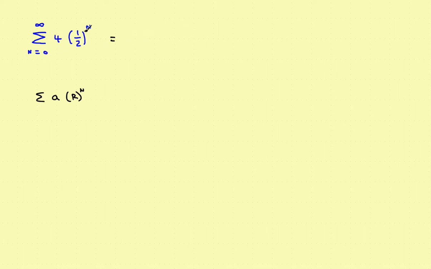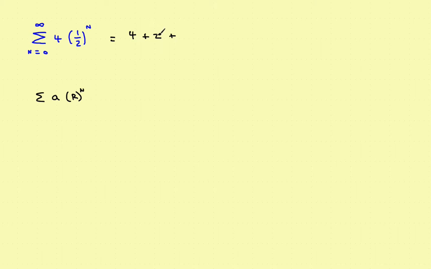So the idea is, if I let n equal 0, I'll have 4 times anything to the 0 power is 1, so the first term is going to be a 4. Then if you let n equal 1, you'd have 4 times 1/2, which would give you a 2, so this is going to become plus 2. Another way of doing it is just to take each term and multiply it by the common ratio, because that's what it is.